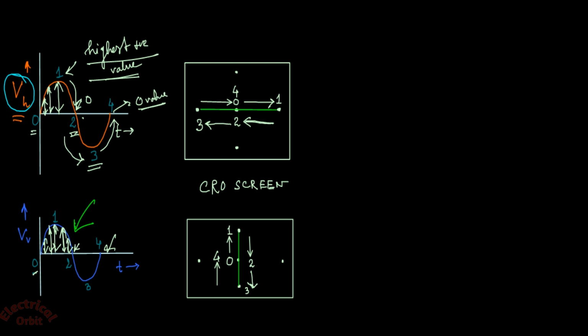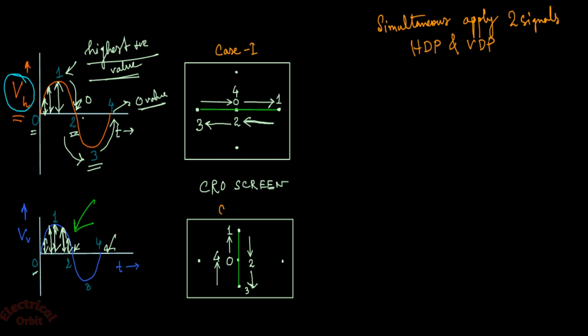Now the next thing is, what will happen if we simultaneously apply 2 sinusoidal signals to the horizontal deflecting plate and the vertical deflecting plate? So this is our case 1, this is our case 2, and this is our case 3. Let's see.